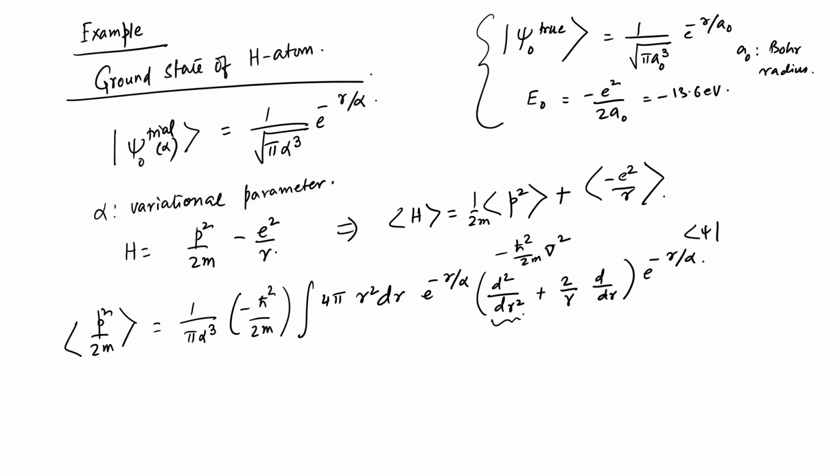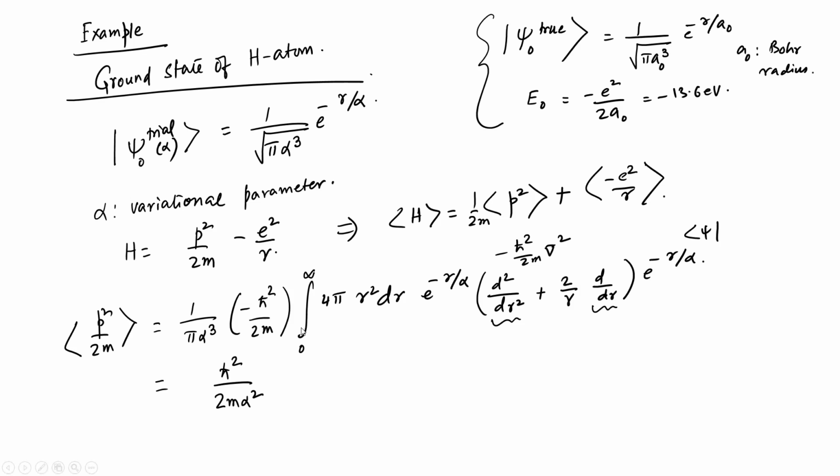For one term you have to take a double derivative, for the other term you have to take a single derivative, and then finally calculate these integrals from 0 to infinity. And so, you need a gamma function integral which has already been told. So, this is equal to h bar square by 2m alpha square. Okay. So, that is the expectation value of the kinetic energy term.